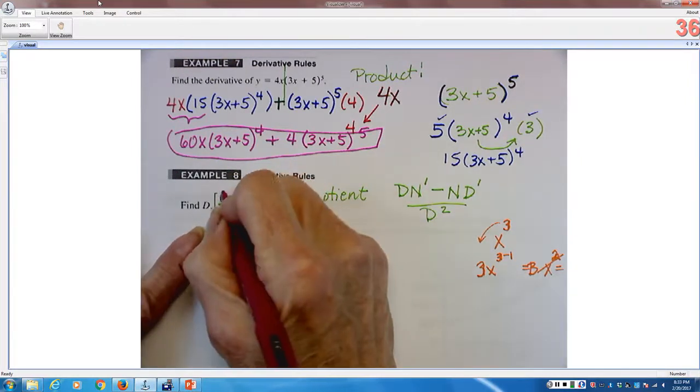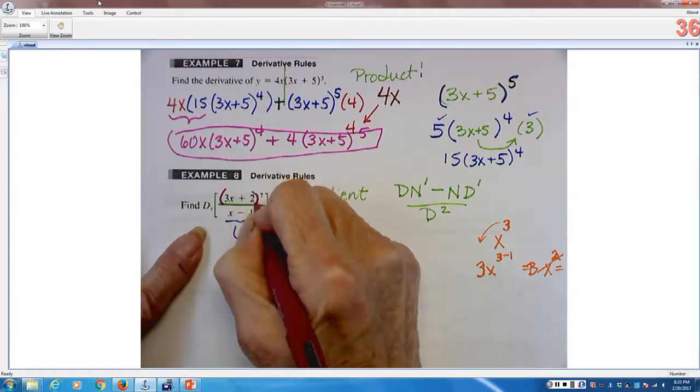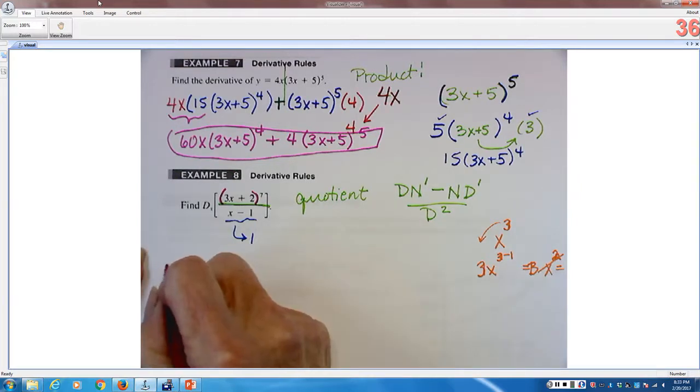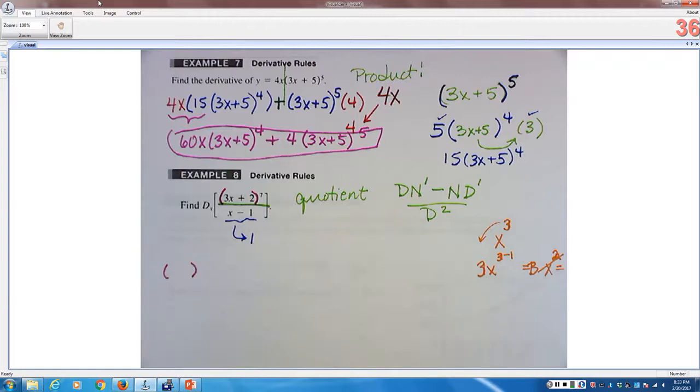But in the numerator, I have a set of parentheses with a power on the outside of it. So when I take that derivative, I'm going to have to take that set of parentheses, bring the 7 down in front, subtract 1 and make it 6.